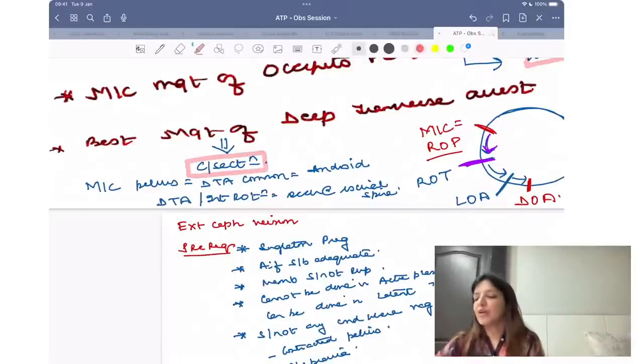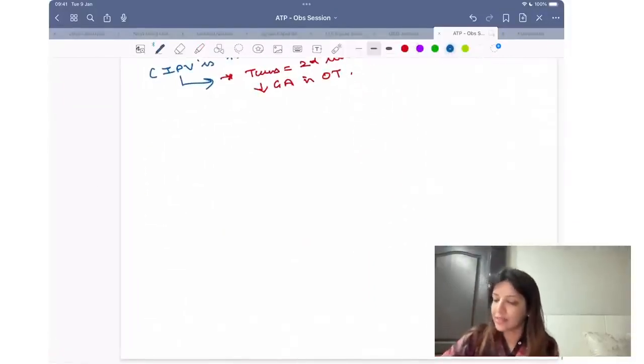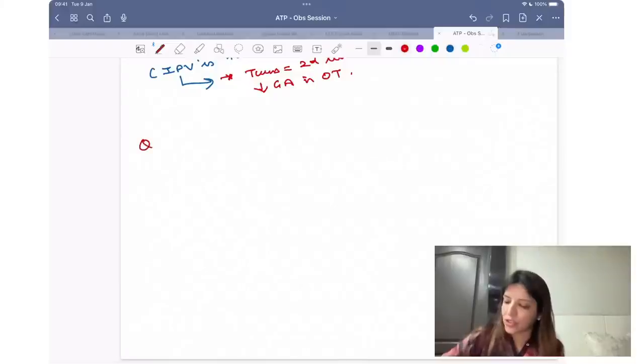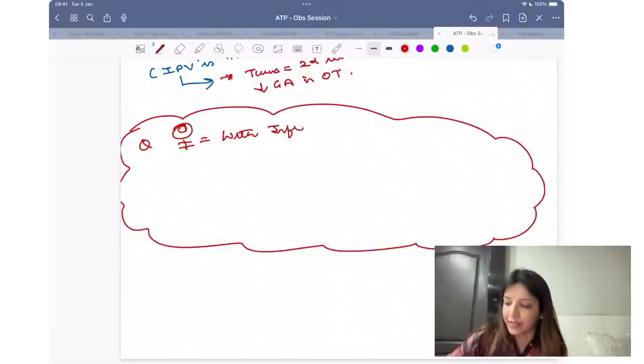Right? Now, my next question to you is, and this is a question which was recently asked in NEET. Your question says that there is a pregnant female with infraumbilical flattening.